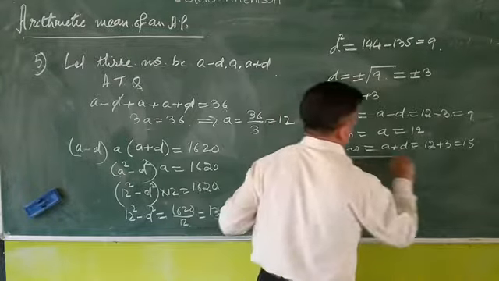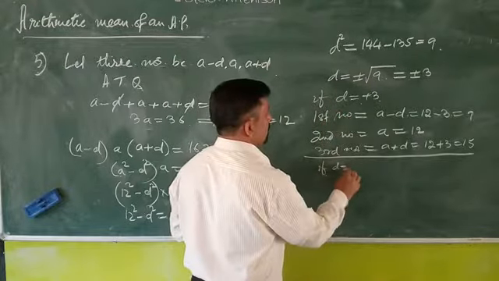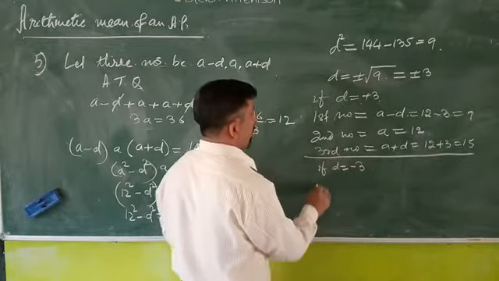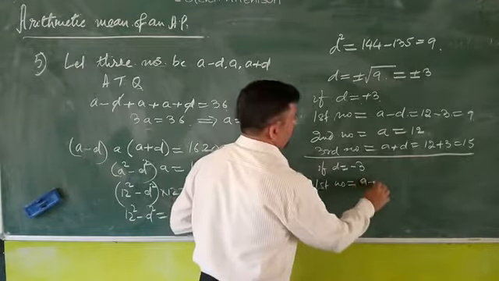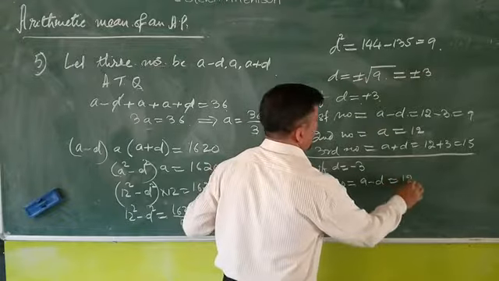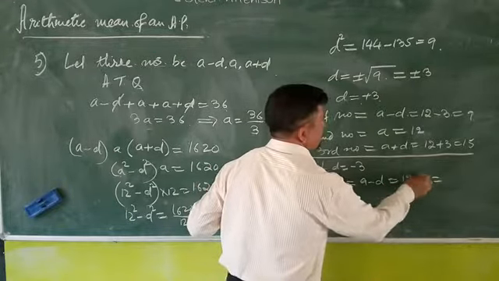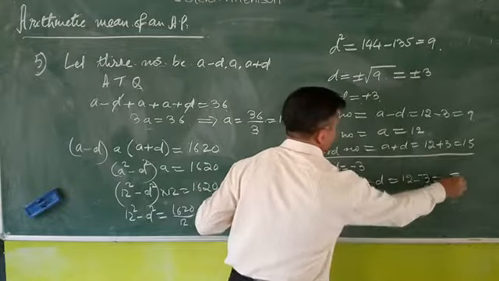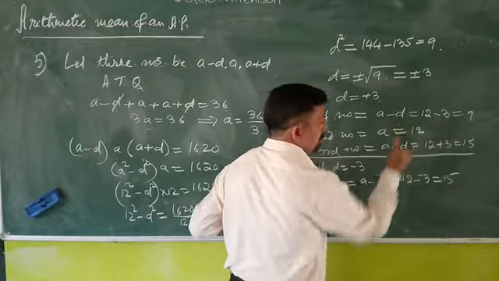Likewise, we can calculate another set of answers when your d is equal to negative 3. Now the first number is again a minus d. Your a is 12 minus, and your d is minus 3. So this becomes minus minus plus, 12 plus 3, 15. This answer will be just in the reverse order of the earlier one.